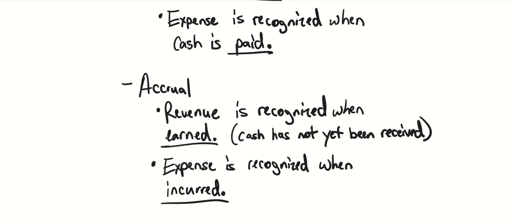Then we have expenses. Expenses are recognized when incurred, which means it's not necessarily when cash is paid. So for example, with the expenses, whoever works a full-time or part-time job, you notice that the first week and the second week of work that you've done, you haven't received payment yet.